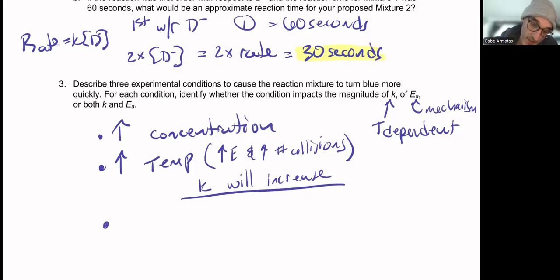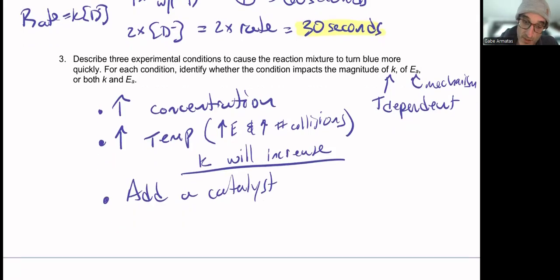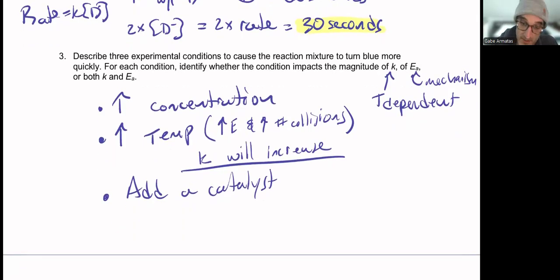And then the final thing, the addition of a catalyst. This will change the mechanism completely. It's going to change the route, and all of the things that go with it.